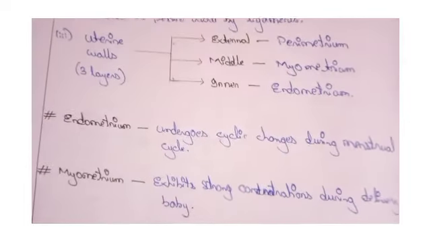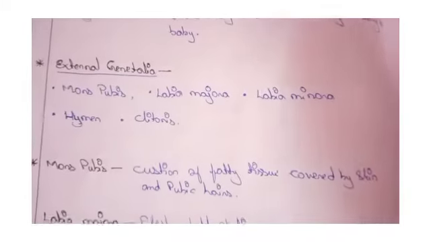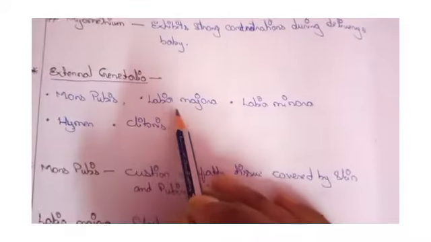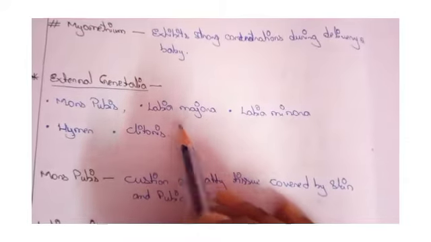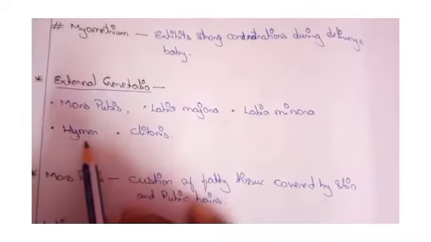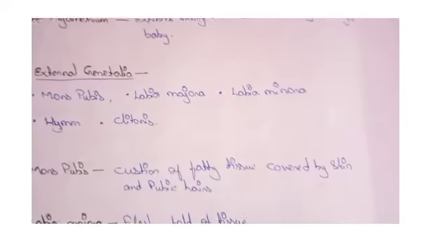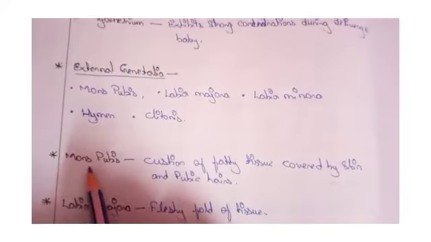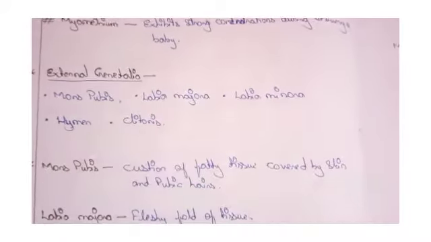Okay, so the external genitalia of the female reproductive system are mons pubis, labia majora, labia minora, hymen and clitoris. Mons pubis is a cushion of fatty tissue covered by skin and pubic hair.